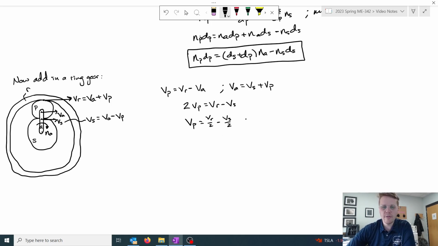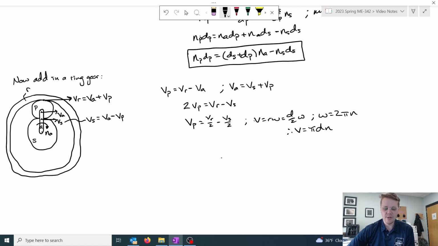And now using some of our substitutions that we already used, we have v equals r omega, which is d over 2 omega, and omega equals 2 pi n. We can write that v equals pi d n.